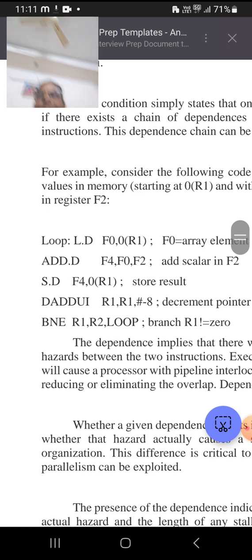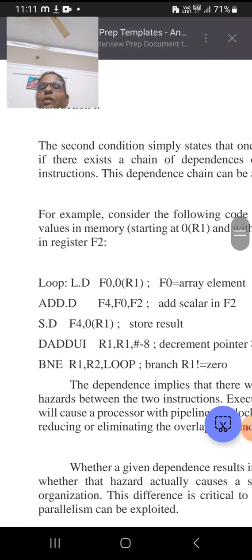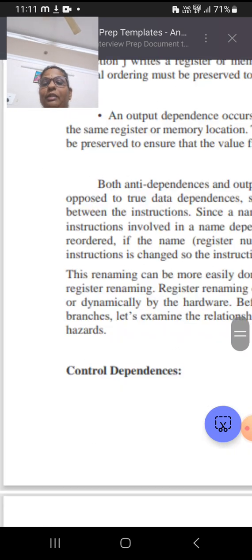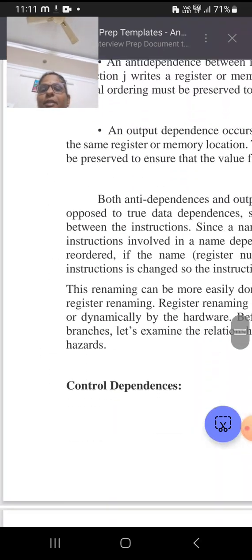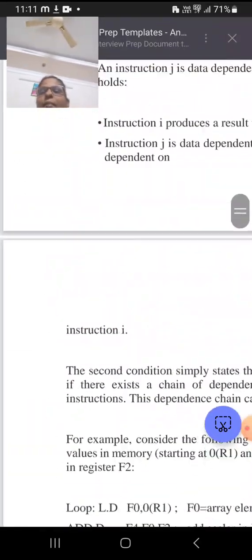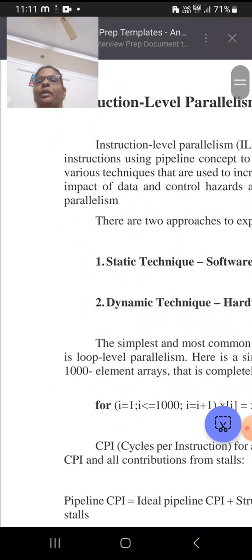The following codes are in the memory, and the functions F1, F2, everything. So the control dependencies, data dependencies, and the link process, everything is held in this one.